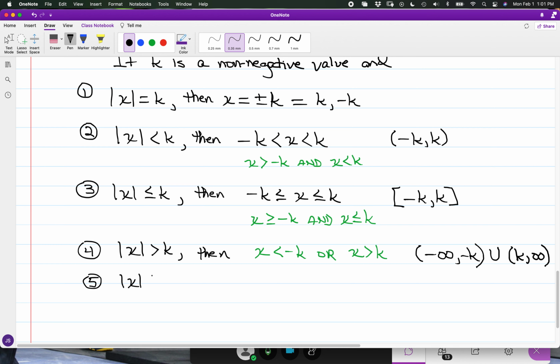And where we have the absolute value of x is greater than or equal to k, you're going to have x is less than or equal to negative k, or x is greater than or equal to k. You're almost going to have the same interval statements, but this is inclusive of negative and positive k, so negative k is going to be bracketed, and so will k.